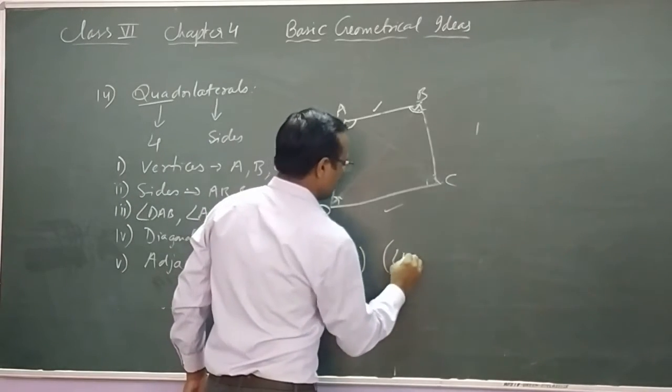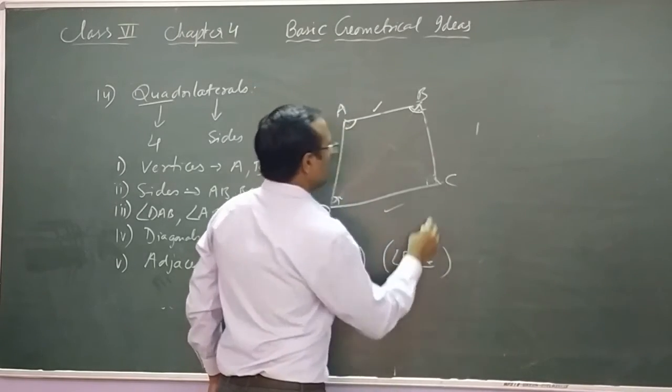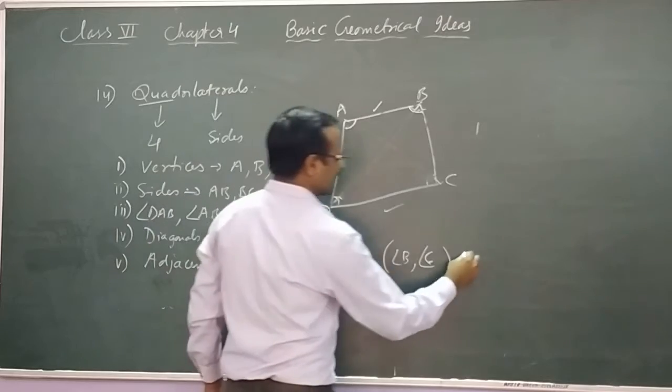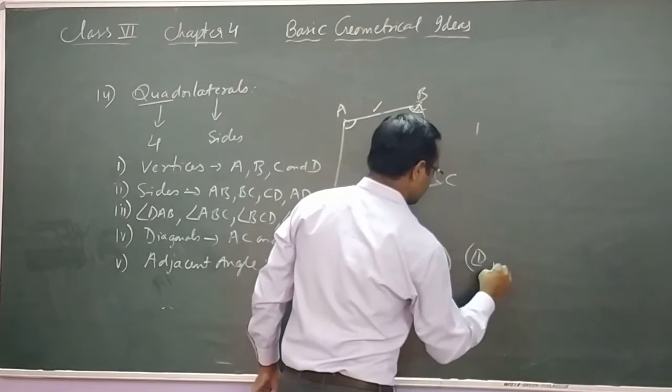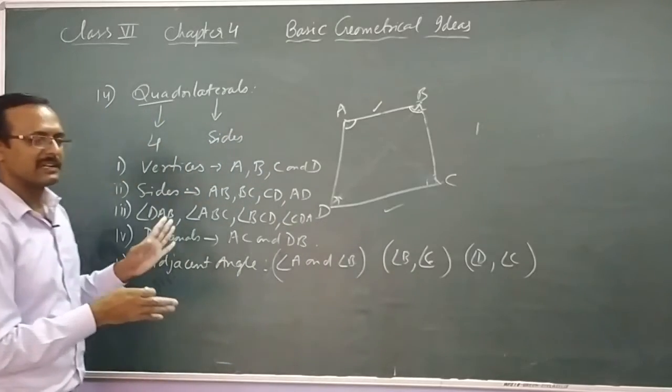Similarly, angle B and angle C are adjacent angles, and angle C and angle D are adjacent angles. So all of these are adjacent angles.